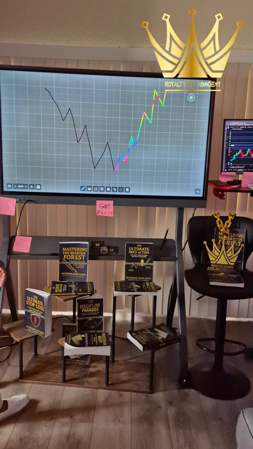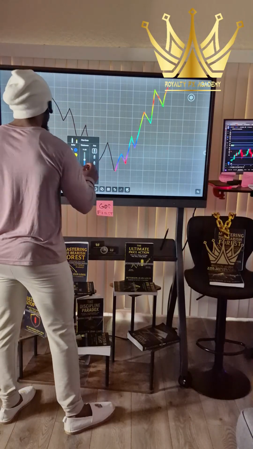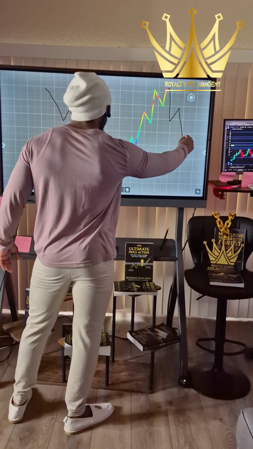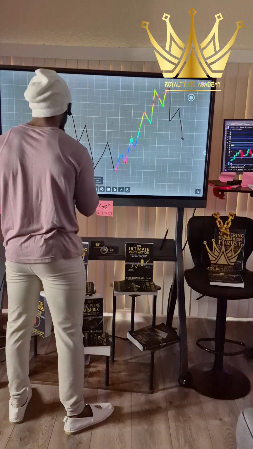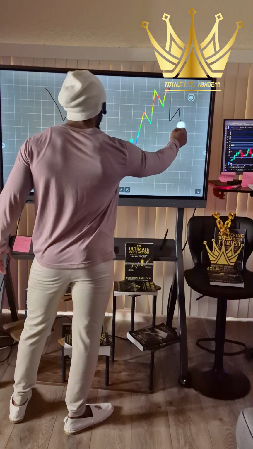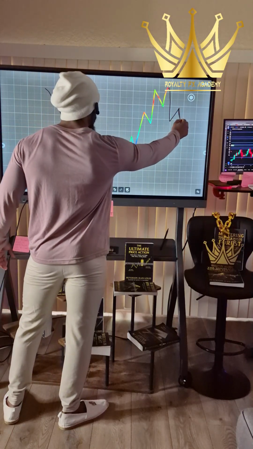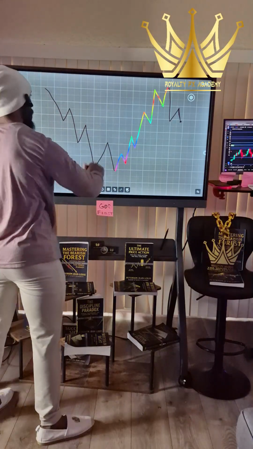Let's just say, hypothetically speaking, the market comes down. Let's back up slightly. This is where it's at the moment. It's currently right here. This is either the monthly, the weekly, or the daily. This is currently where the market is at.